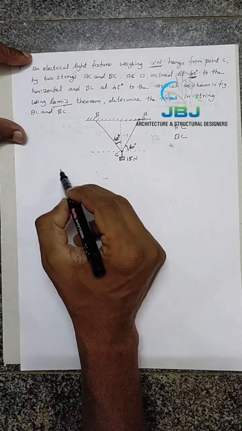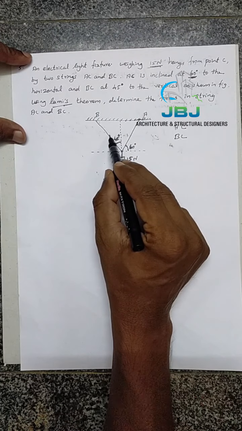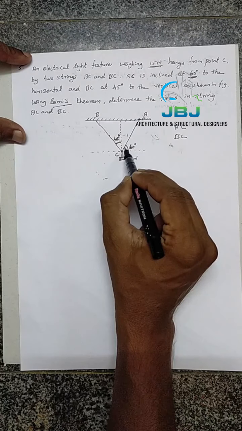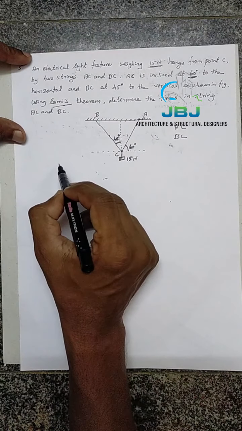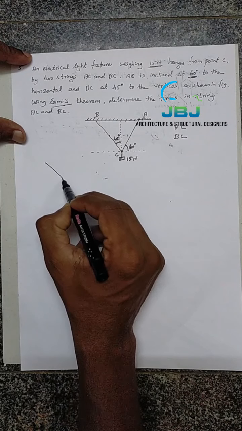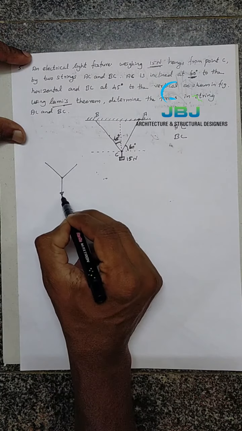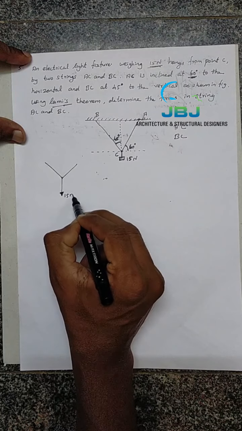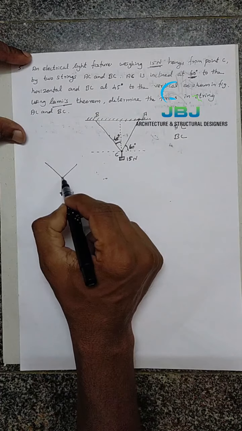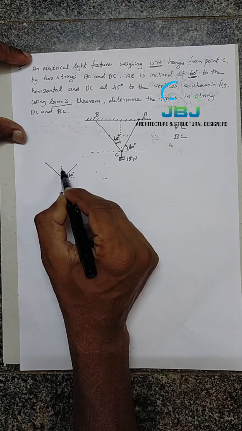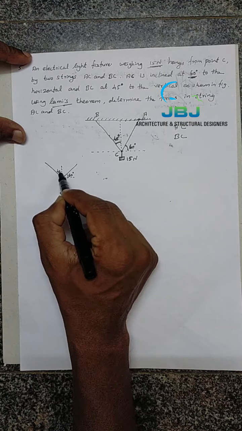However, first of all, we should find the angle between these two strings as well as these things. First of all, redraw this diagram. You know this hanging force is 15 Newton, and you know this angle is 60 degree, as well as this angle 45 degree.